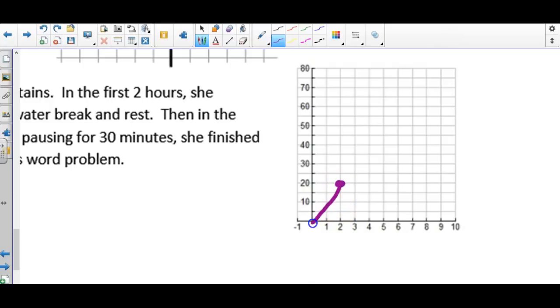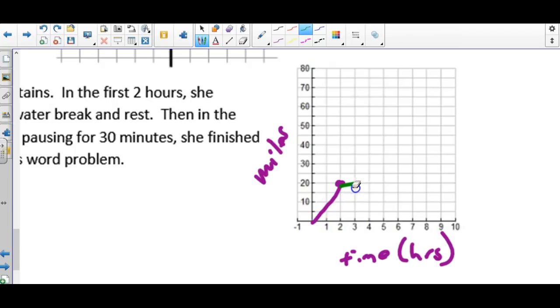For the first 2 hours, you climb 20 miles. And then you rest for an hour. So you see how it's straight right here from 2 to 3? That's you resting, or Sarah resting.